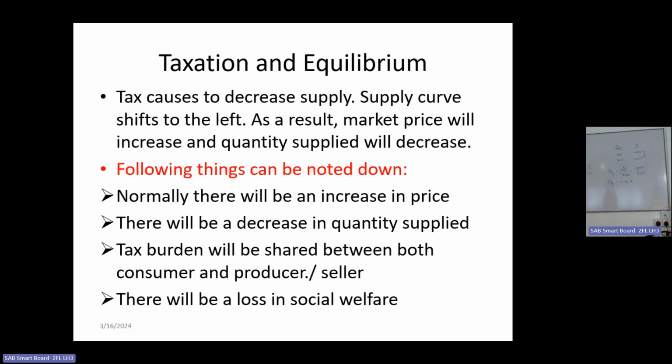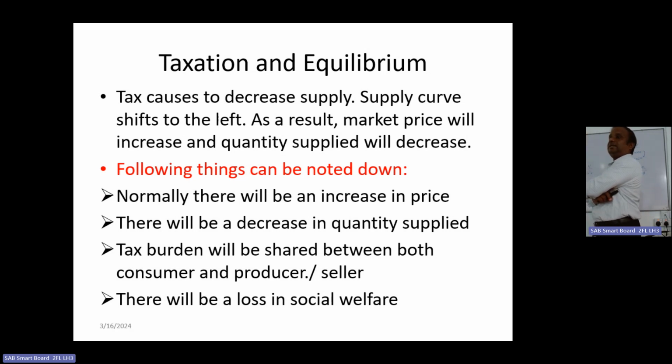Now the equilibrium. We talk about how the tax impacts the equilibrium. If there is a tax, what happens? We know the supply is affected: the supply curve shifts to the left, price may increase, and that will vary the quantity supplied.